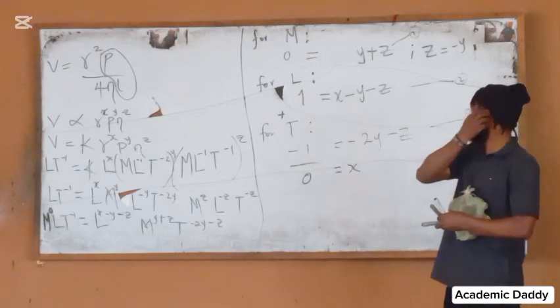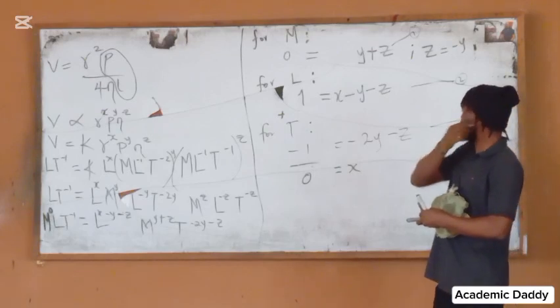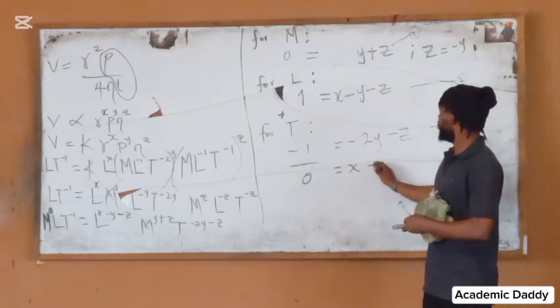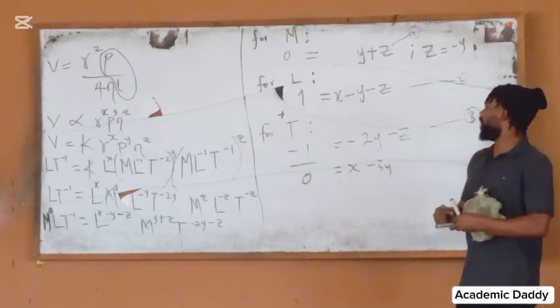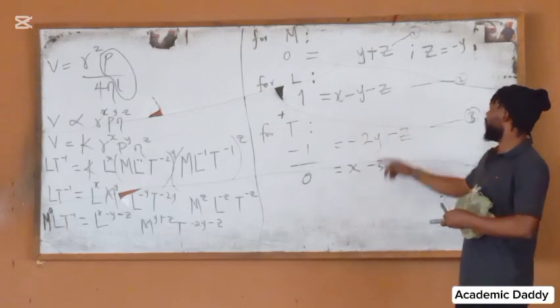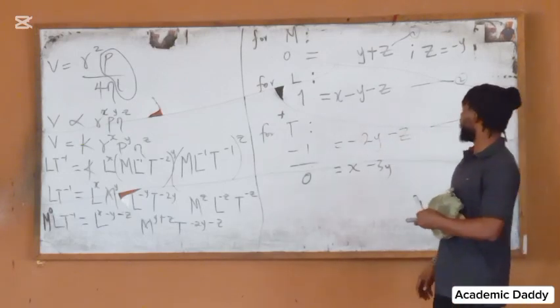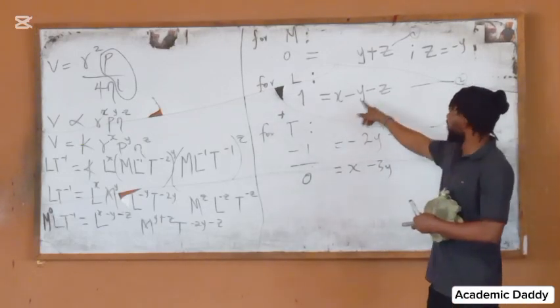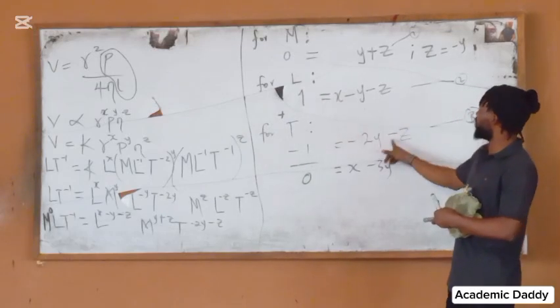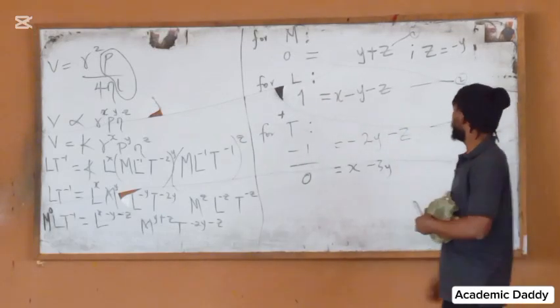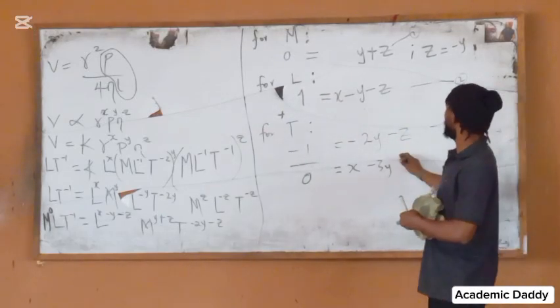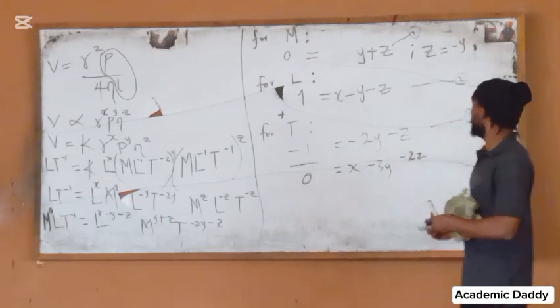What do you have? Minus 3y. Then minus z plus minus z. What do you have? Minus 2z. Are you sure?